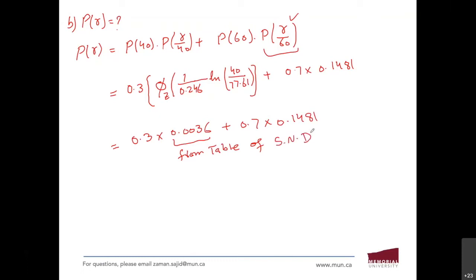I shared those tables on D2L with you. Those are from the end of your textbook. Now once you solve this, you will get your P of R as 0.1048, and that's what we are interested in. That's your probability value.